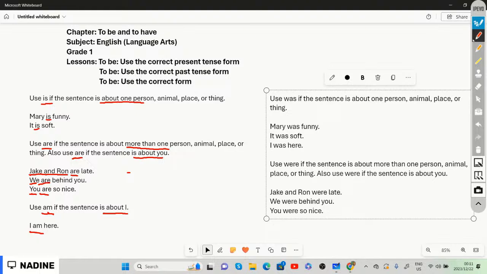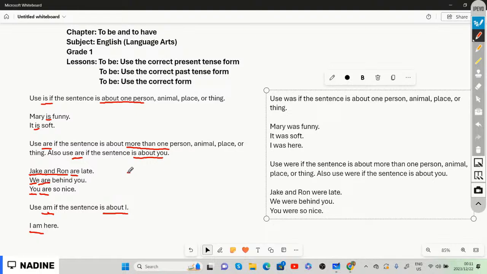So once again, we use is if the sentence is about one person, animal, place, or thing. We use are if the sentence is about more than one person, animal, place, or thing. And we also use are if the sentence is about you.